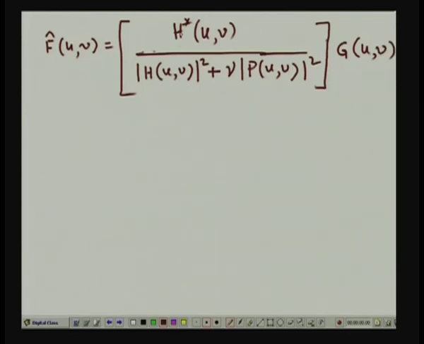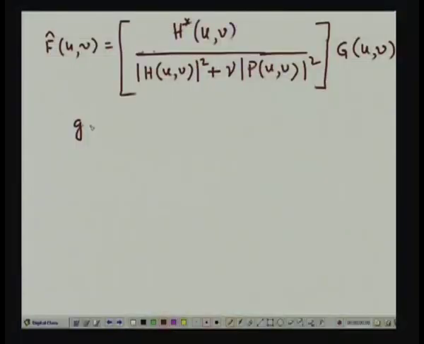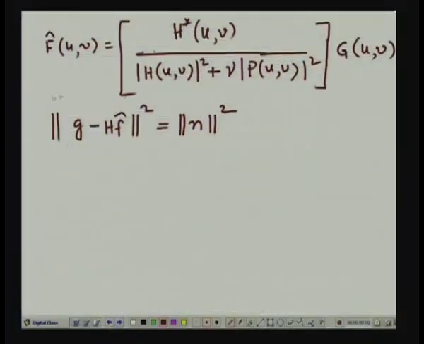Again, as before, H star indicates the complex conjugate of H. Here we have a constant term gamma, a scalar constant whose value is to be adjusted so that the specified constraint, that is, the norm of g minus H f hat squared equal to the norm of n squared, is met.